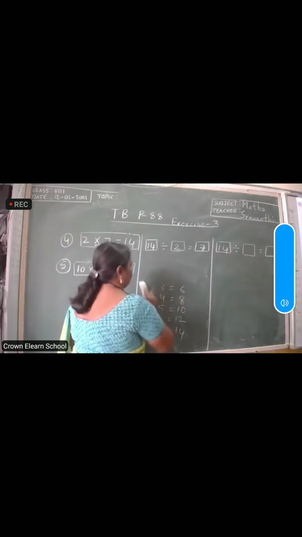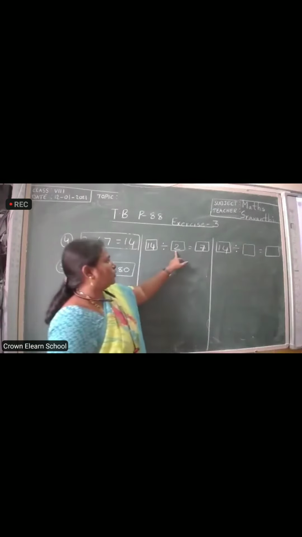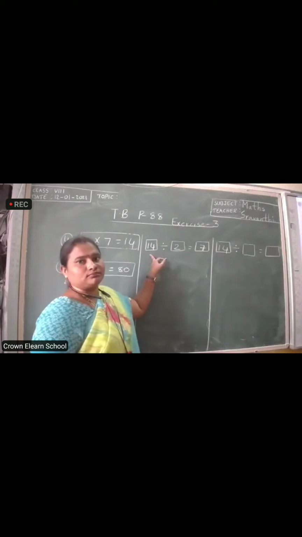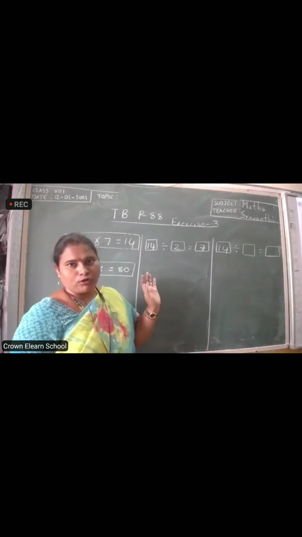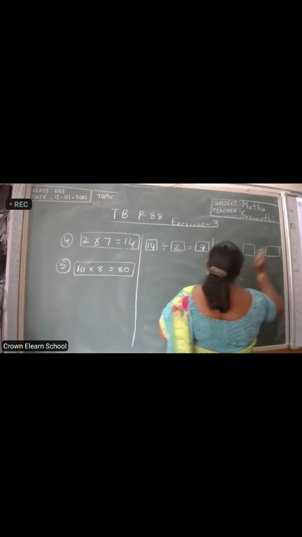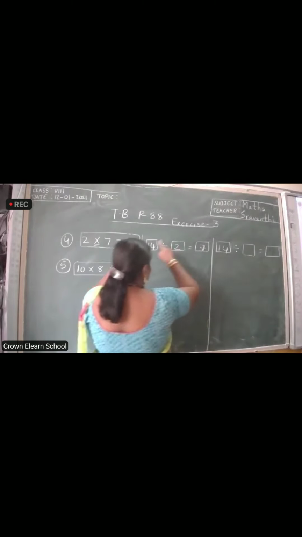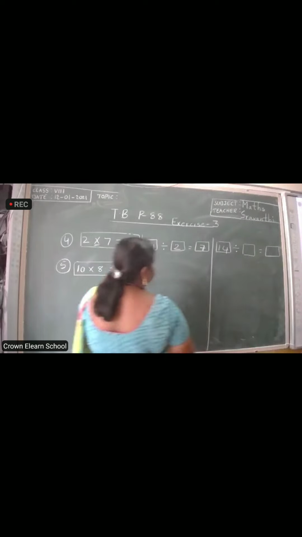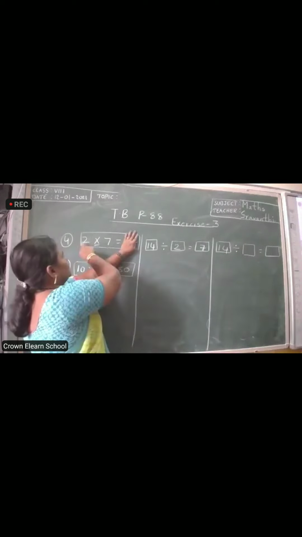Okay? 2 sevens are 14. Okay? What about this? We need to fill these also, no? Okay? First 14 we have written in 2 division forms. Then we have closed this 14. 2, 7 left.